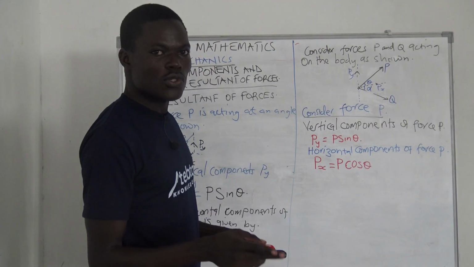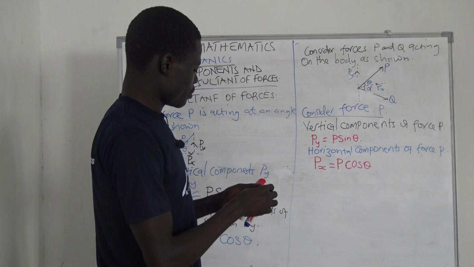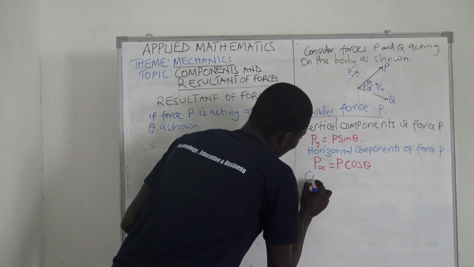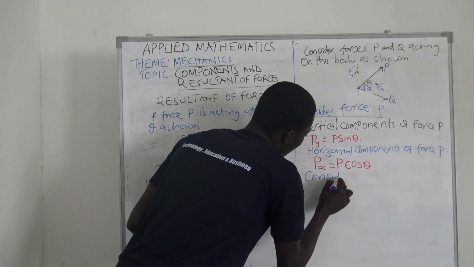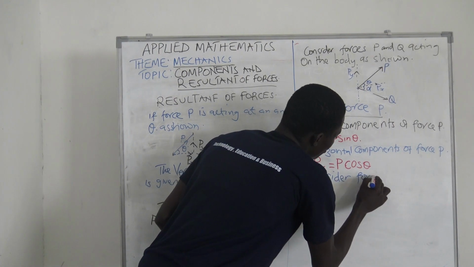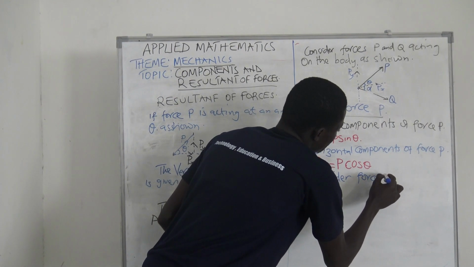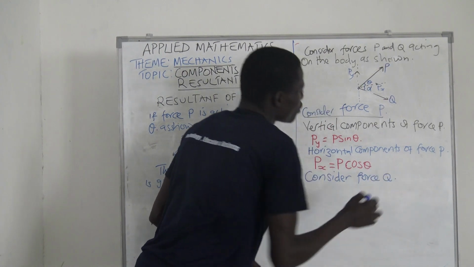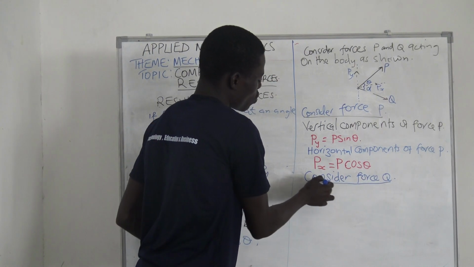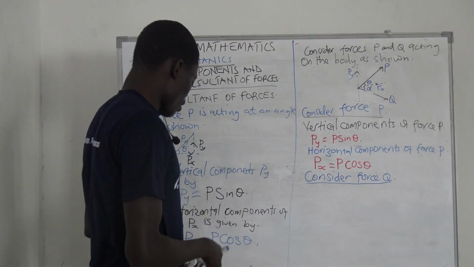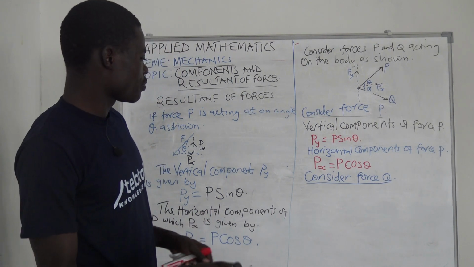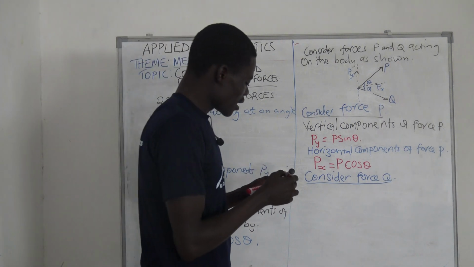Then we have two particles. Consider particle Q. We are going to consider force Q. On force Q, we also have both vertical and horizontal components.